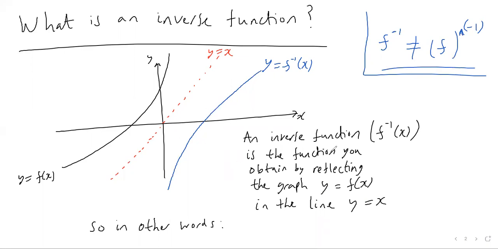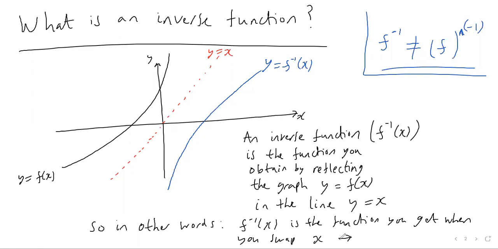So as we say down here, an inverse function is the function you obtain by reflecting the graph y equals f of x in the line y equals x. In other words, f minus one of x, the inverse function, is the function you get when you swap the x values with the y values.